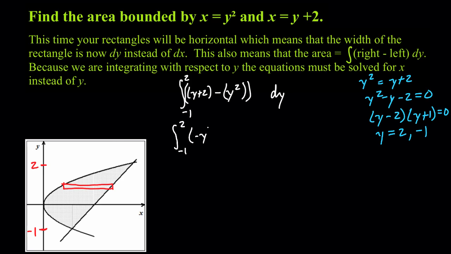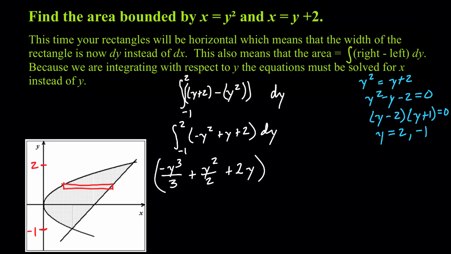This is negative y squared plus y plus 2. The antiderivative will be negative y cubed over 3 plus y squared over 2 plus 2y, evaluated between negative 1 and 2.